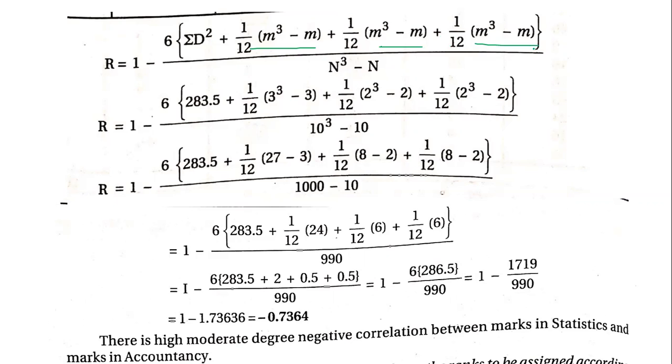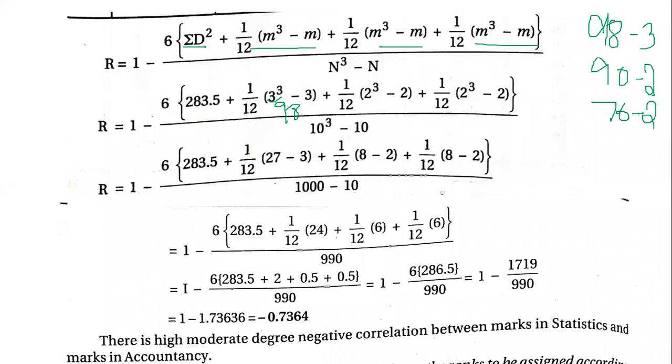Why are we having it 3 times? Because 98 is repeated 3 times, 90 is repeated 2 times, 76 is repeated 2 times.